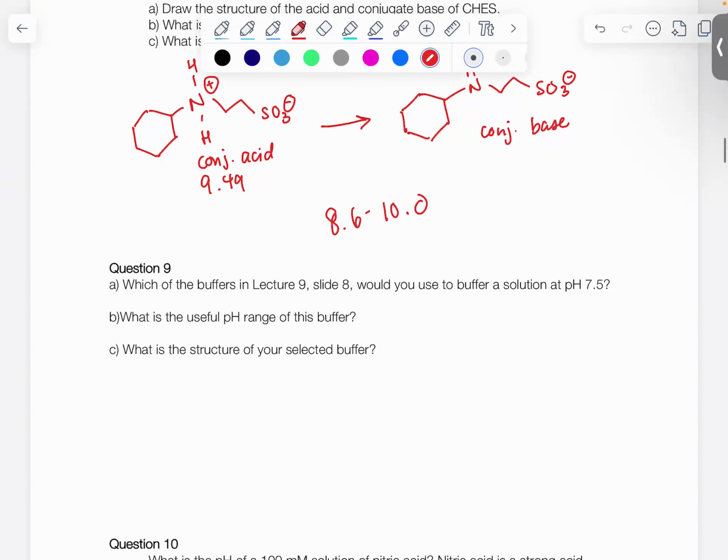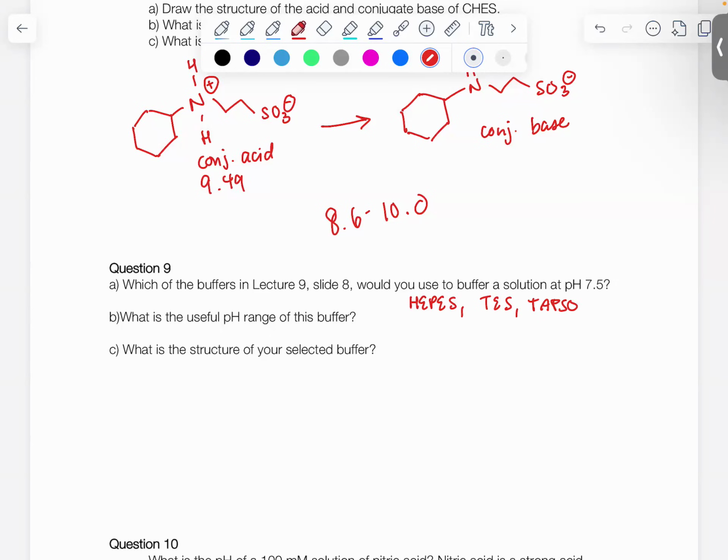Question 9 asked you to look back at the buffers in lecture 9 and use that to help identify which buffer to use at a solution of pH 7.5. And so using that table, you could identify HEPES, HEPS, and TAPSO as helpful buffers.